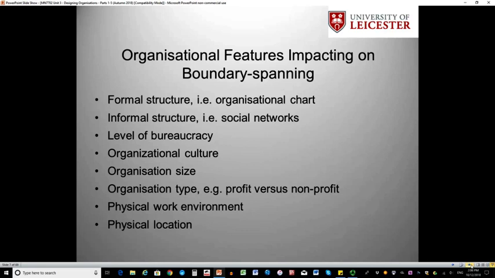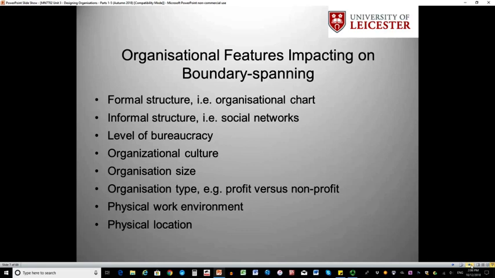So small organisations will have lots of boundary spanning between the different individuals and the different functions. Whereas large organisations, as they grow, tend to increasingly have problems with boundary spanning, particularly between divisions, and particularly if those divisions are located in different countries.